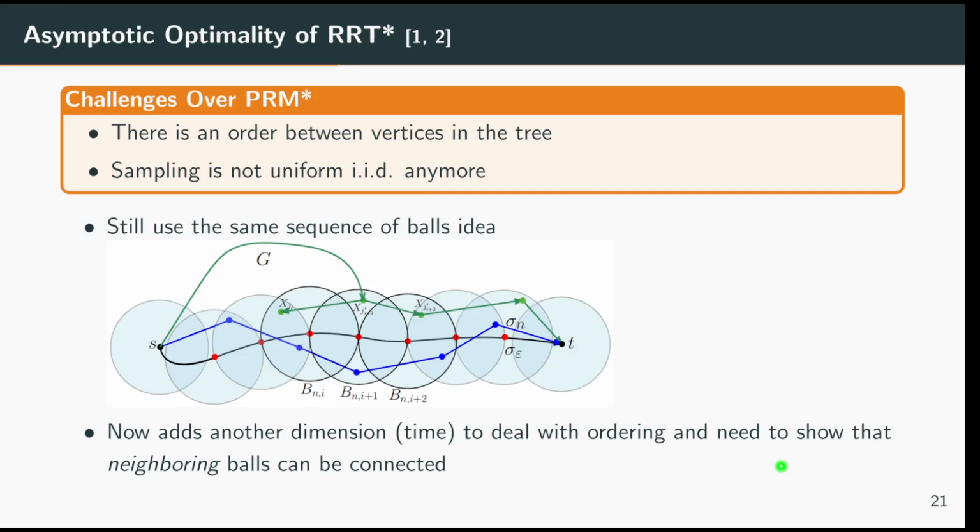Similarly, for RRT star, it's still the same sequence of balls idea, but we now have to take care of the ordering. So we have to avoid these funny little jumps that we have here in green. And they have a paper from some years ago, which is quite interesting.